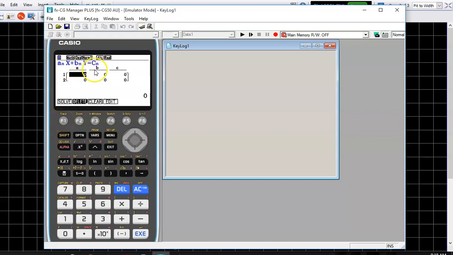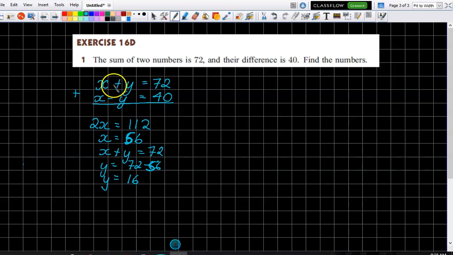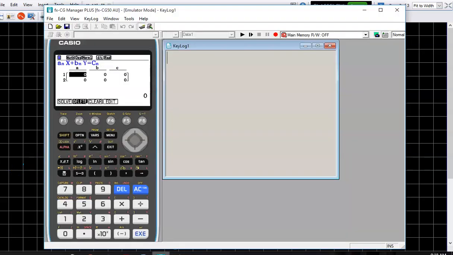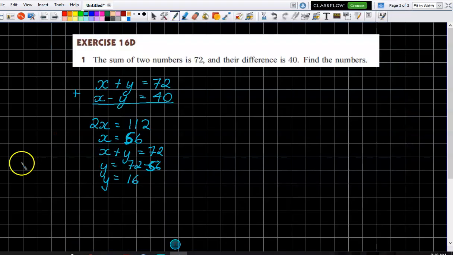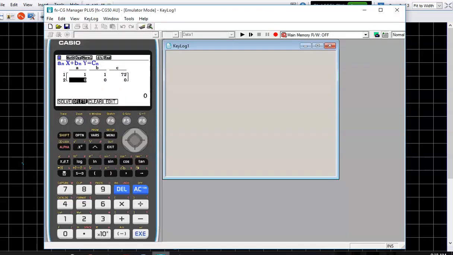Our equations are in this form. What was it? 1, 1, 72. So 1, 1, 72. Enter. What's our other equation? 1, negative 1, 40. Now, peeps, even though your calculators are so good, when you go 1, enter, this one here is your negative sign, not take 1.